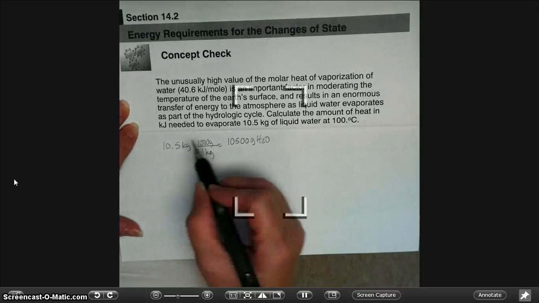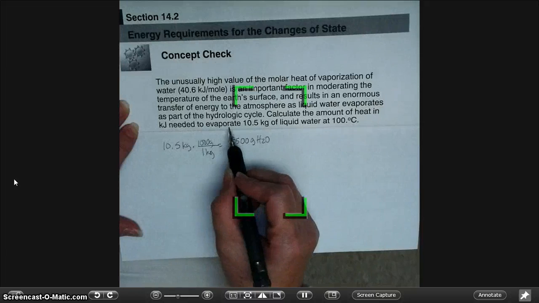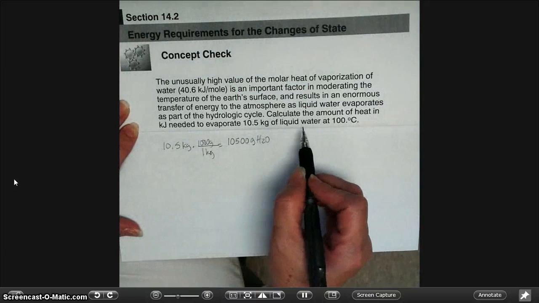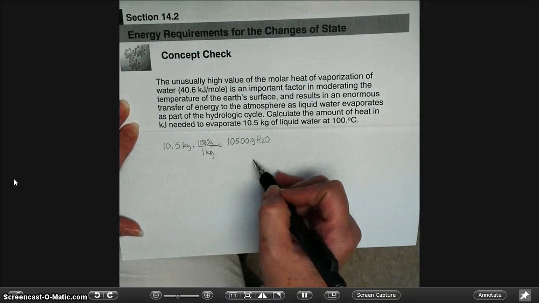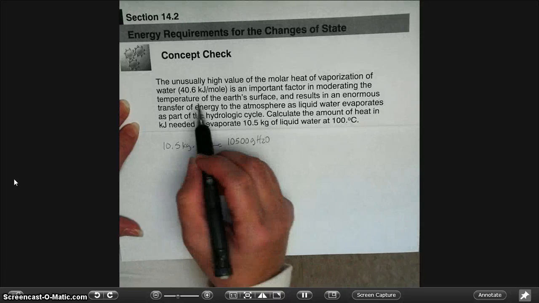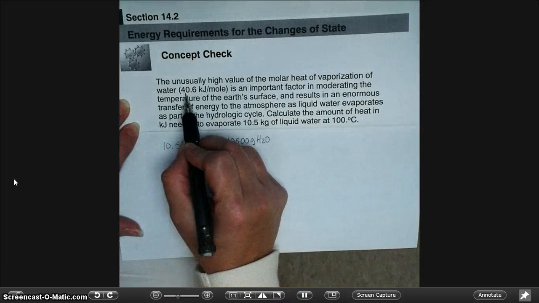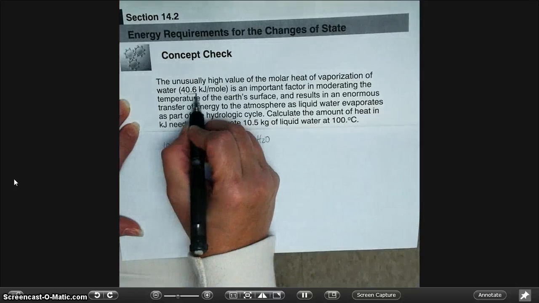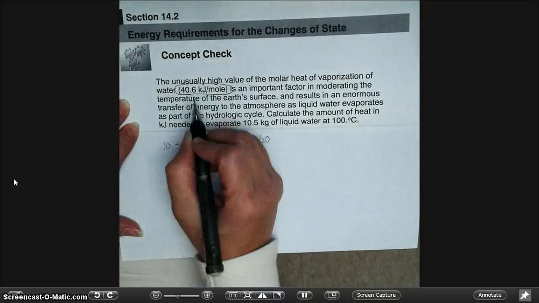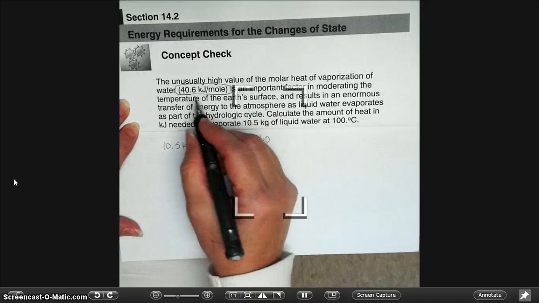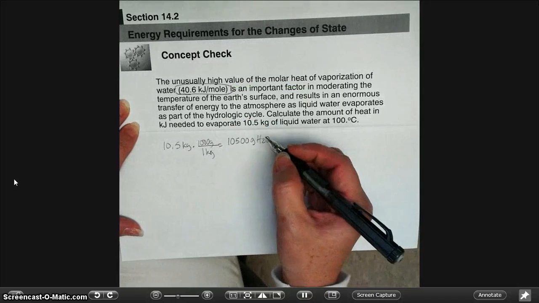Now what's the amount of heat in kilojoules needed to evaporate that many grams of liquid water at 100 degrees Celsius? So we know that this information is super important. This is the molar heat of vaporization for water, and every pure substance has unique values for those. So 40.6 kilojoules per mole.